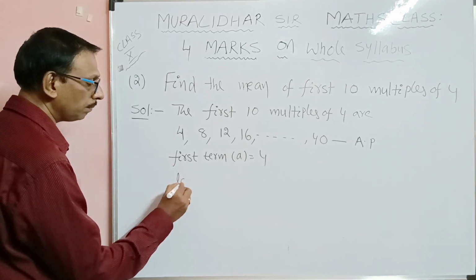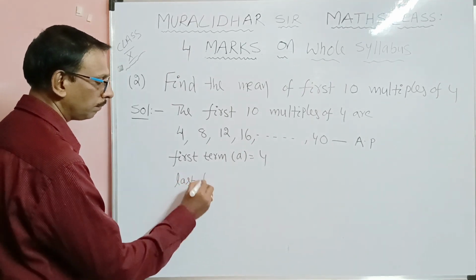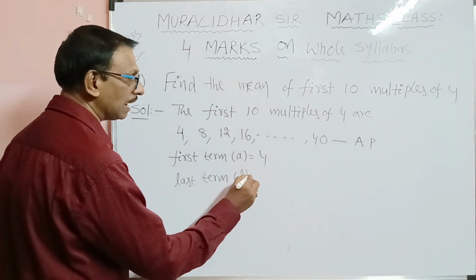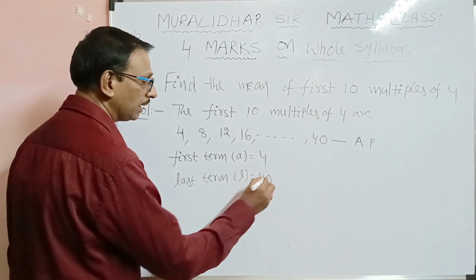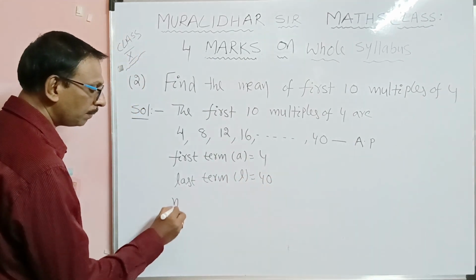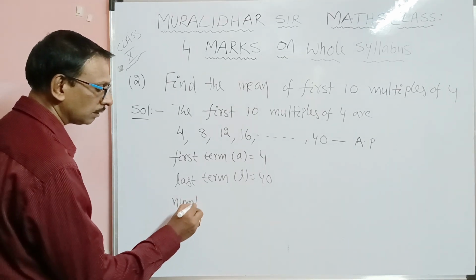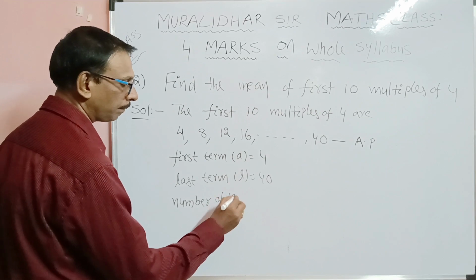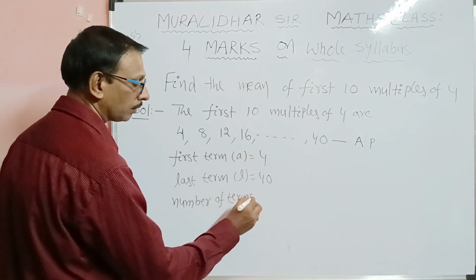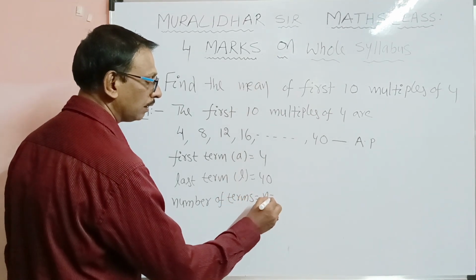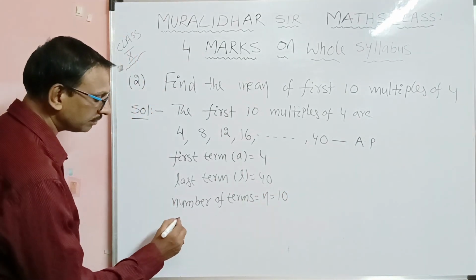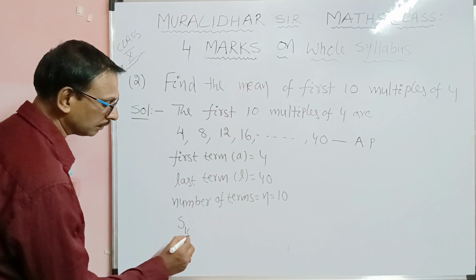Last term is represented by l, that is 40. Number of terms, n, is equal to 10. Now sum to 10 terms.